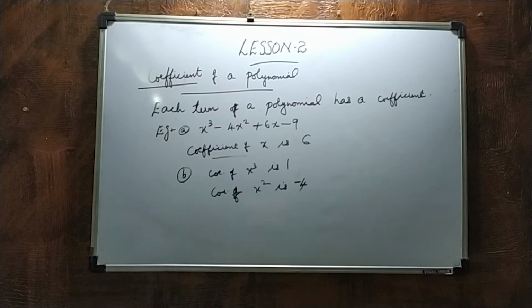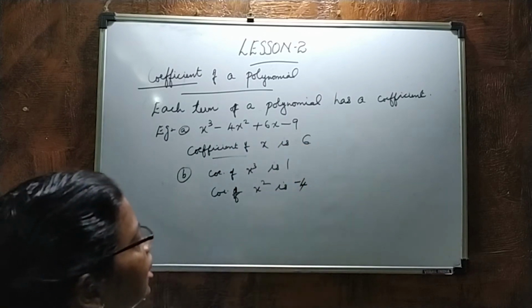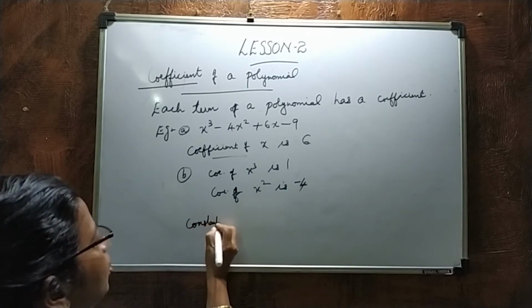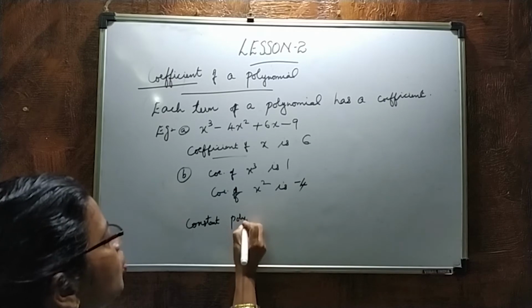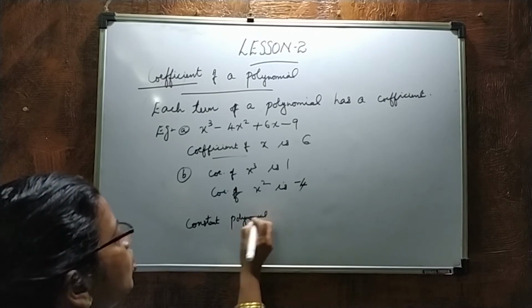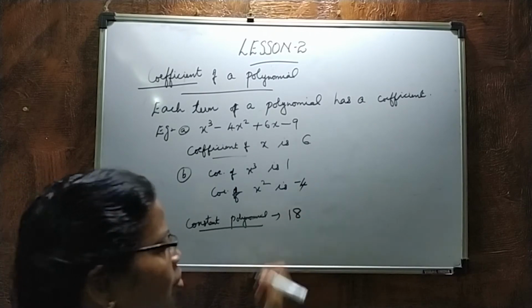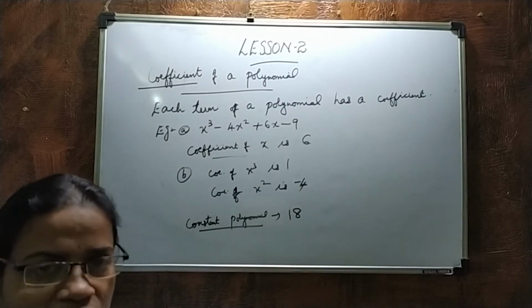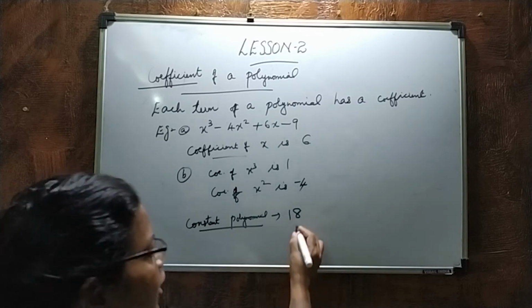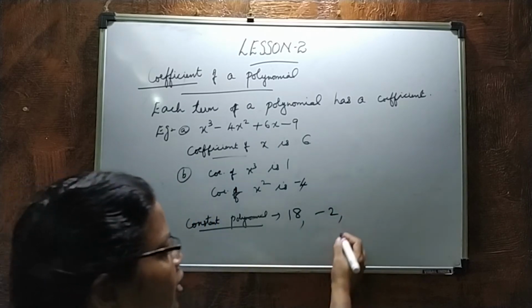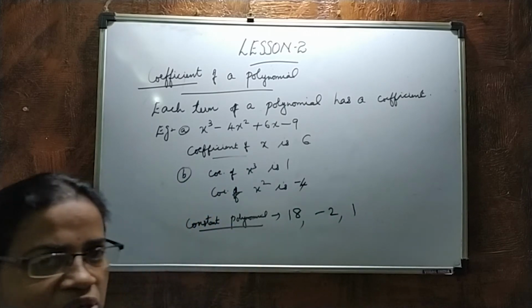And what is this negative 9? That negative 9 is called the constant term, we can say. It is a term we are taking. Suppose the constant polynomial means only numbers are there. 18, this is a polynomial. It is called a constant polynomial. Then next, negative 2, it is a constant polynomial. Then here it is 1, it is a constant polynomial.